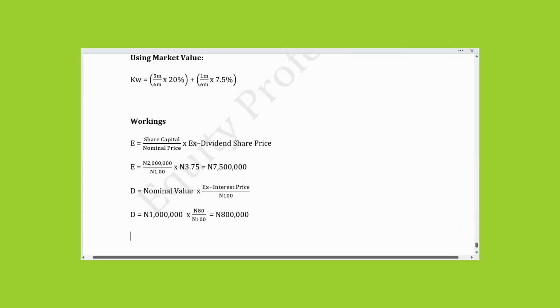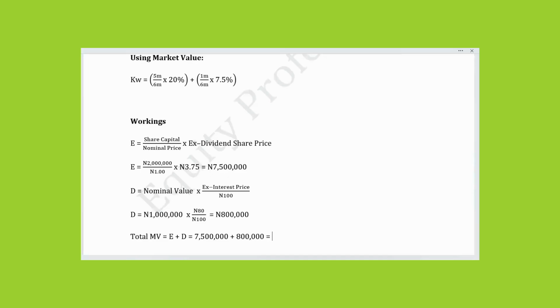Then you calculate the total market value. Total market value will be the market value of equity plus the market value of the debenture, which is equal to, we calculated market value of equity to be 7.5 million plus the market value of the debenture to be 800,000.